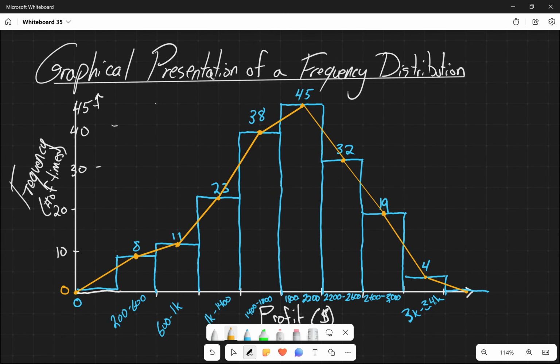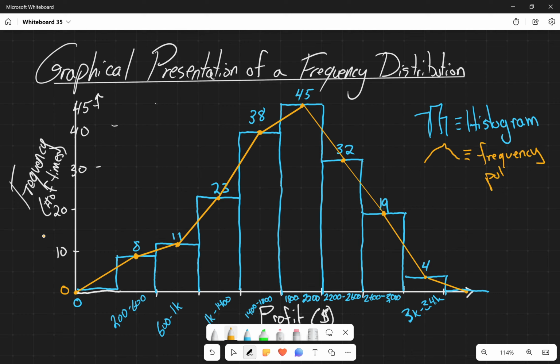Questions on the histogram or the frequency polygon? So the blue, that's a histogram. And the orange is a frequency polygon.